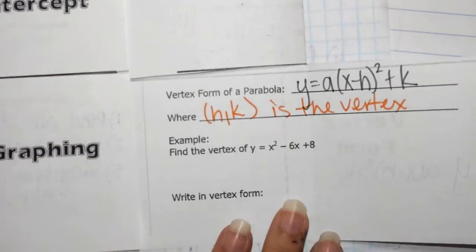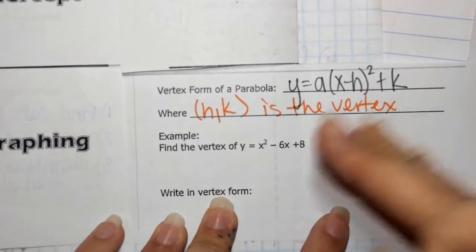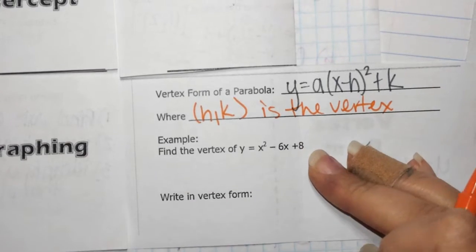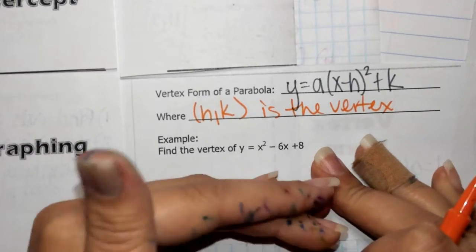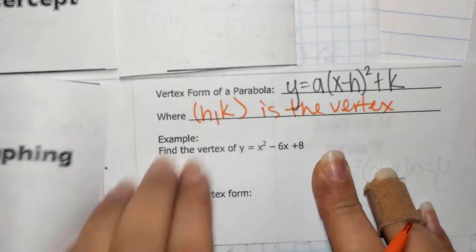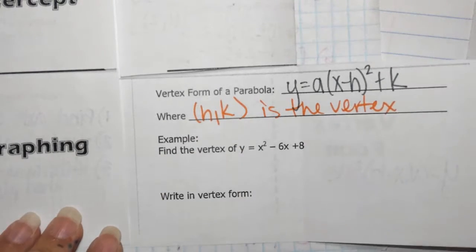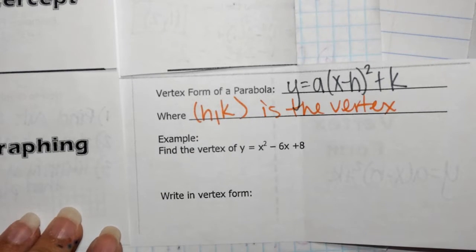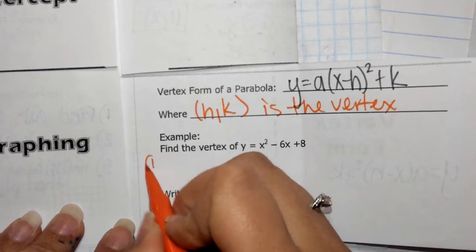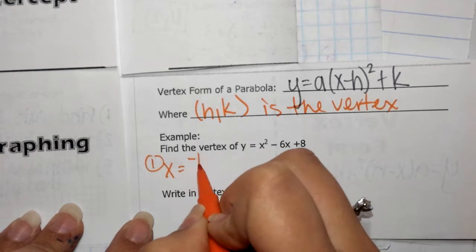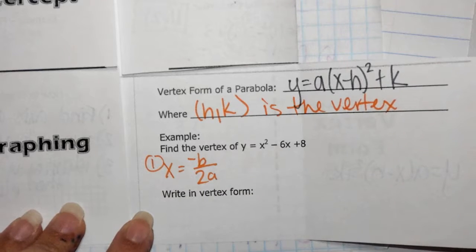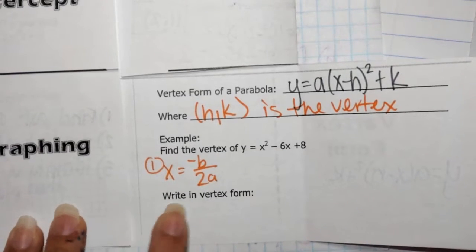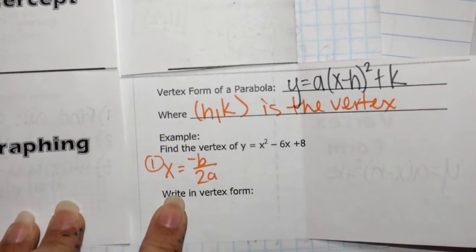Remember, we're converting from standard form to vertex form. So we know how to find the vertex using standard form. Who remembers the first step? Opposite of b divided by 2a. So we first find our axis of symmetry, and that's going to give us h.